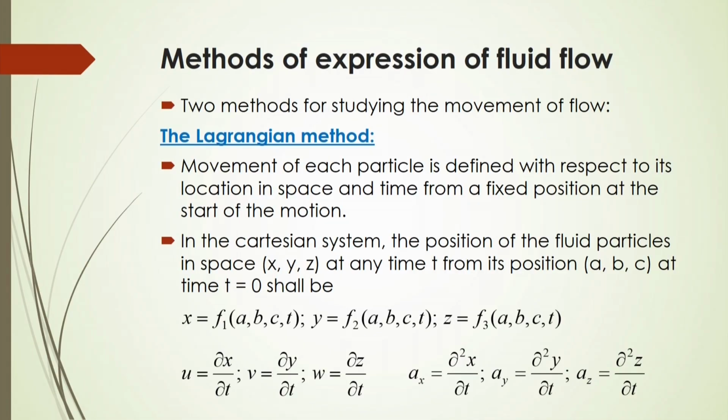You know that to express fluid flow mathematically, there are two methods. One is called the Lagrangian method, and in this case the movement of a particle is defined with respect to its location in space and time from a fixed position at the start of the motion.